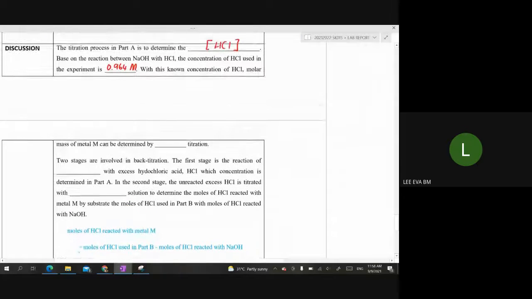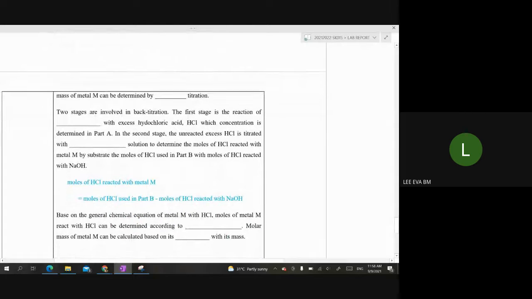So with this known concentration of HCl, molar mass of metal can be determined by, back tadi kita titration guna which method? Which method we use for part B? Back titration. Back titrations. Well done.